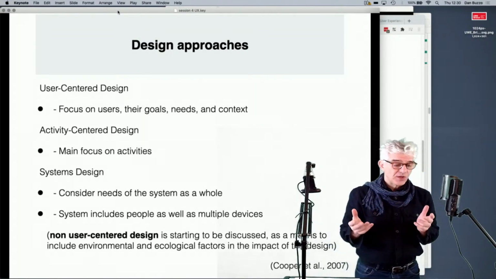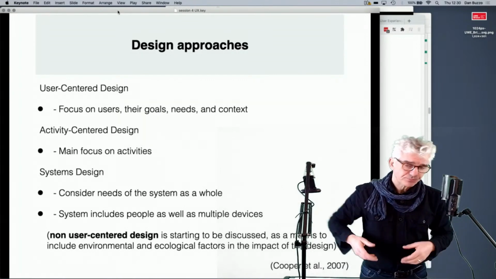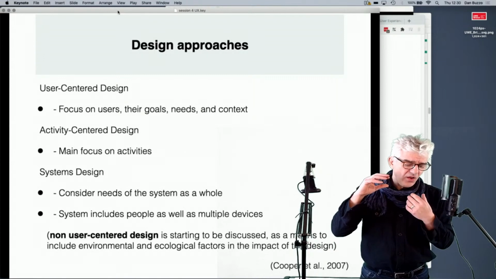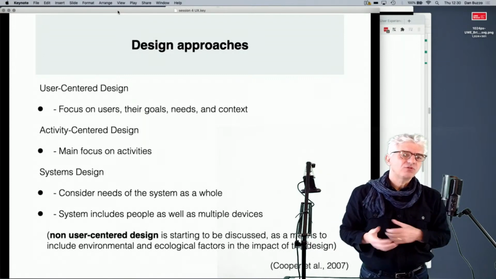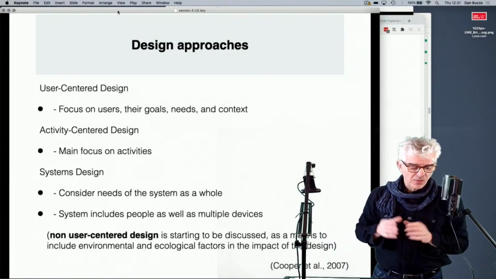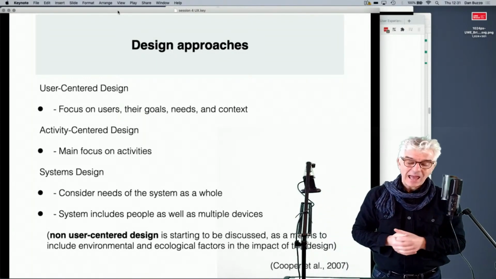We can also think about systems design, which looks at the needs of a system as a whole. And within that model, which in some ways is an older model, the systems can include people and also can be multiple devices.